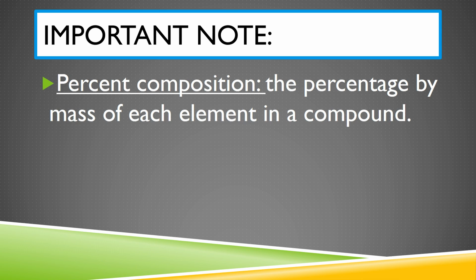So when we're doing percent composition, if we're not given a mass of the compound, we can assume that we're dealing with like 100 grams of the compound or something like that, but we're always going to use formula mass. So let's look at how we would set this up. So the percent composition is the percentage by mass of each element in a compound.